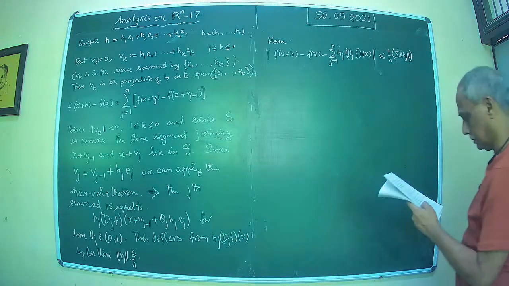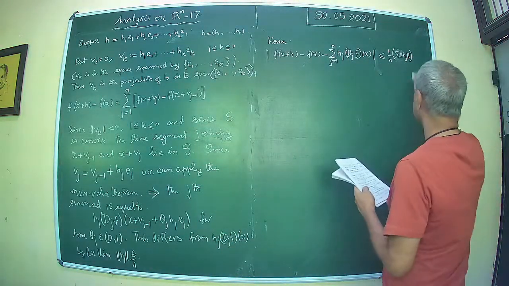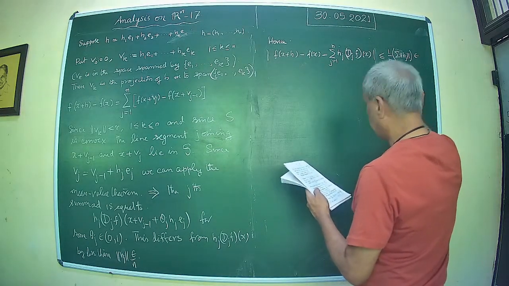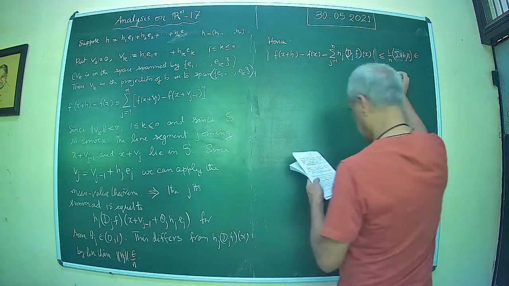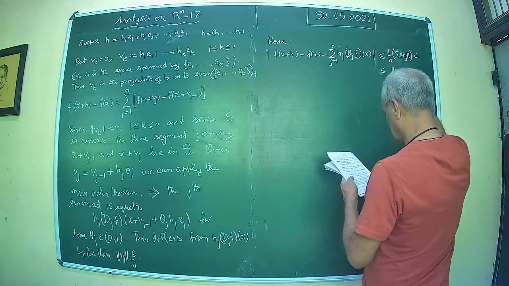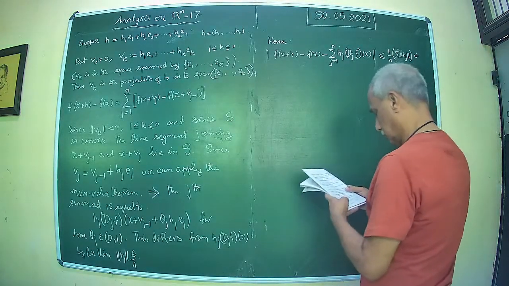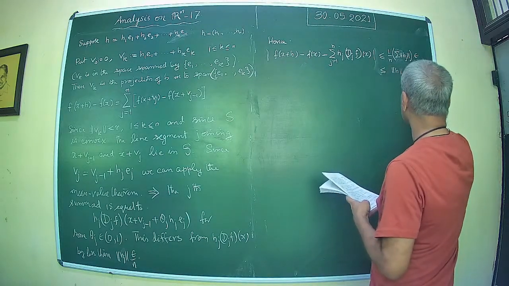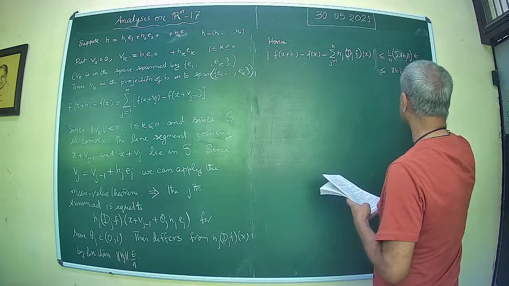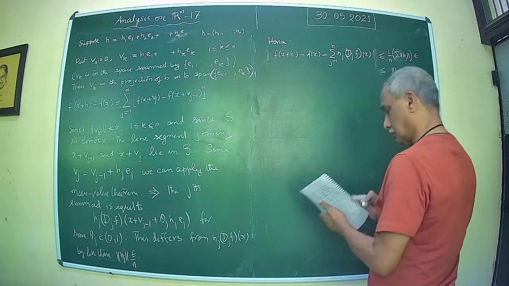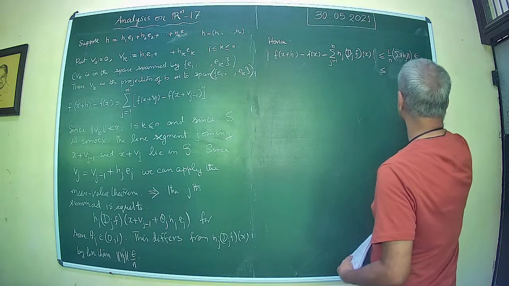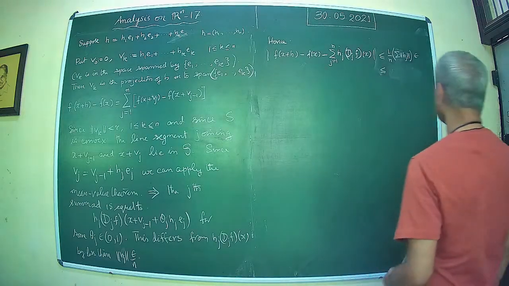Less than or equal to this epsilon, and which is less than or equal to this, norm of h_j.